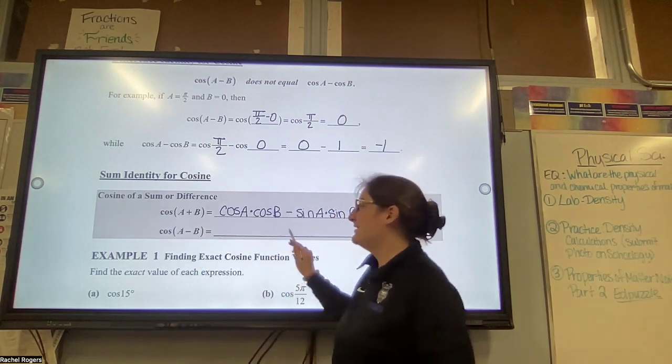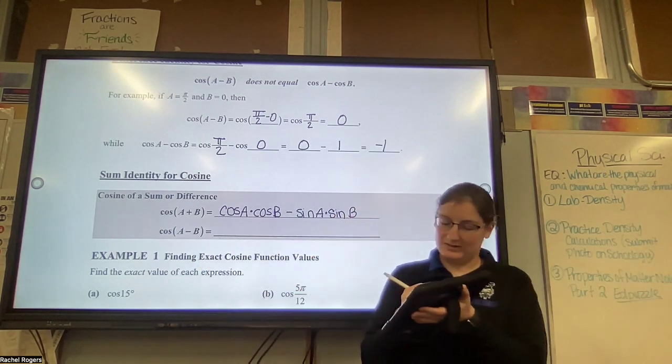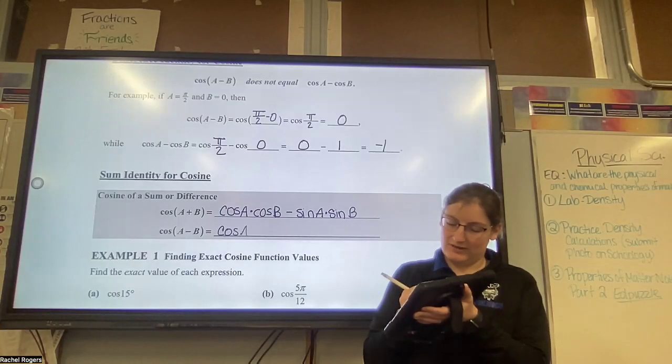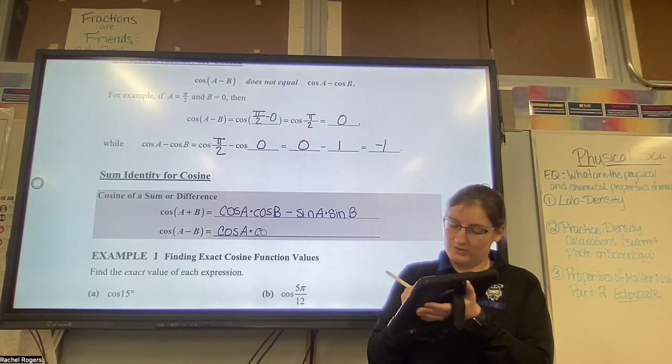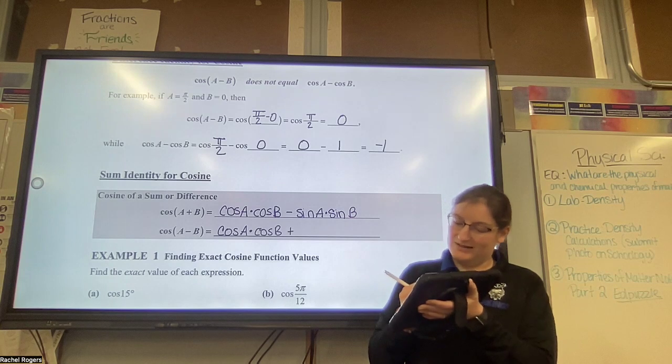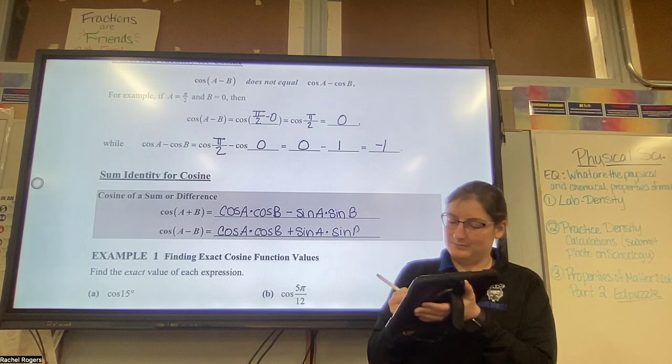If it's subtraction, it's going to be the same thing, just with addition: cosine of A times cosine of B plus sine of A times sine of B.